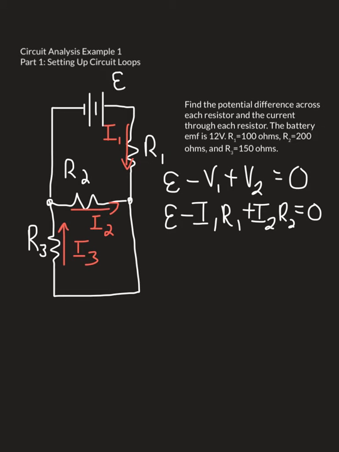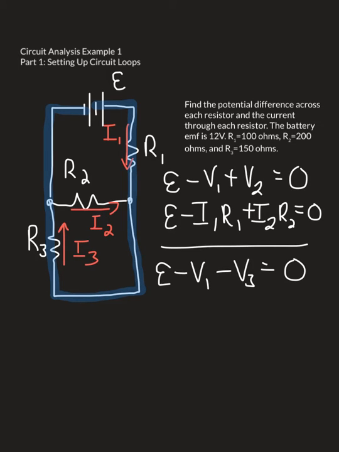So let's find another loop. Another loop to consider begins at the battery, travels through R1, but at the branch continues straight down the wire, and then comes back through resistor 3, back to the battery. So let's write the Kirchhoff's voltage law equation for this trip.